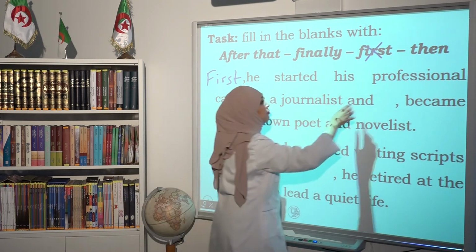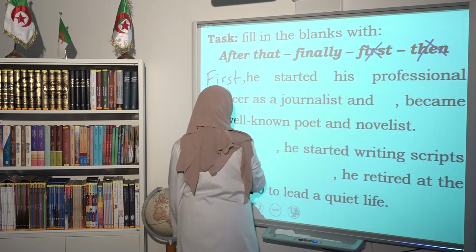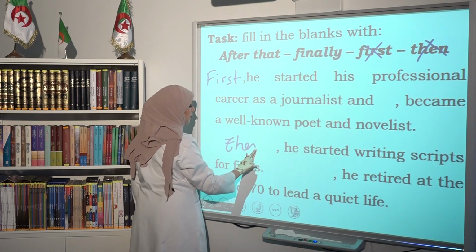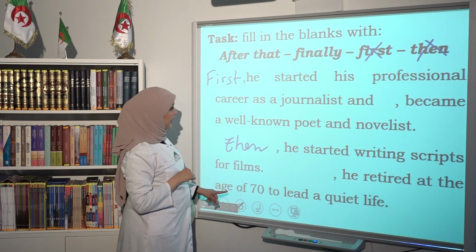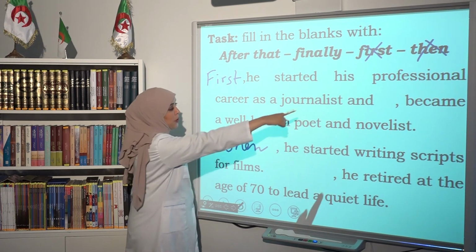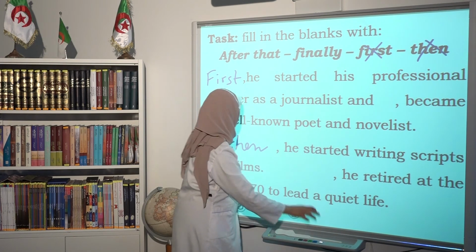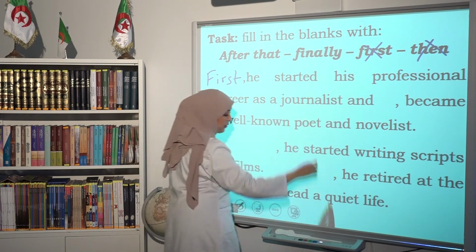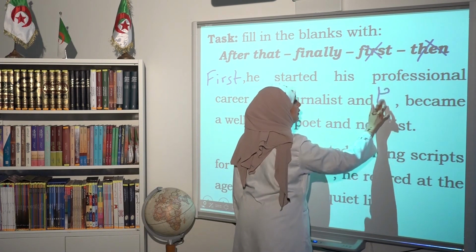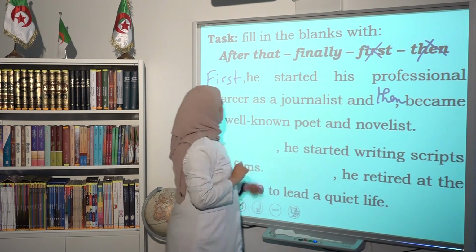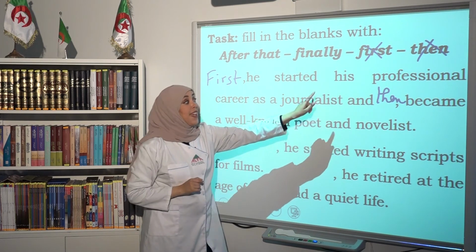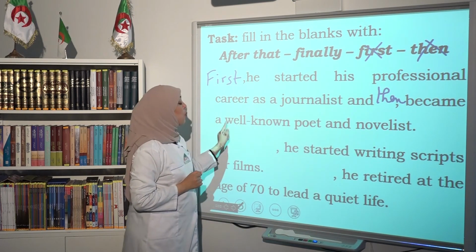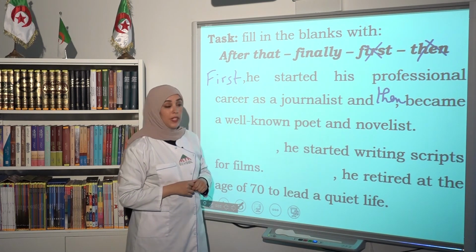Then. There is a space here too, so then should be here. So first he started his professional career as a journalist and then became a well-known poet and novelist.